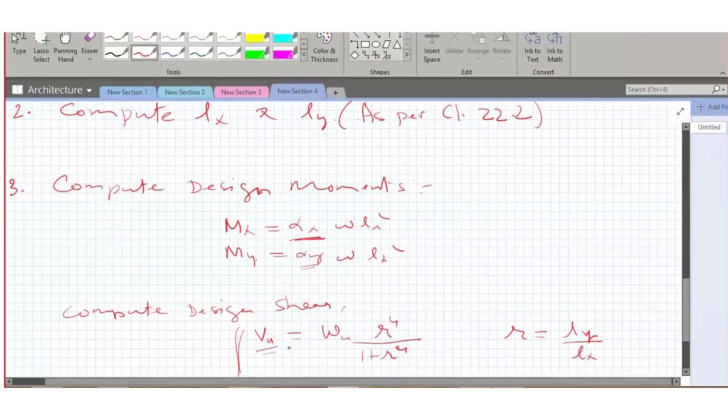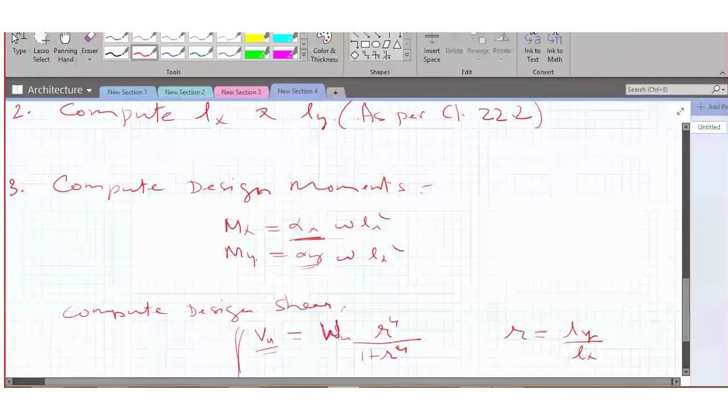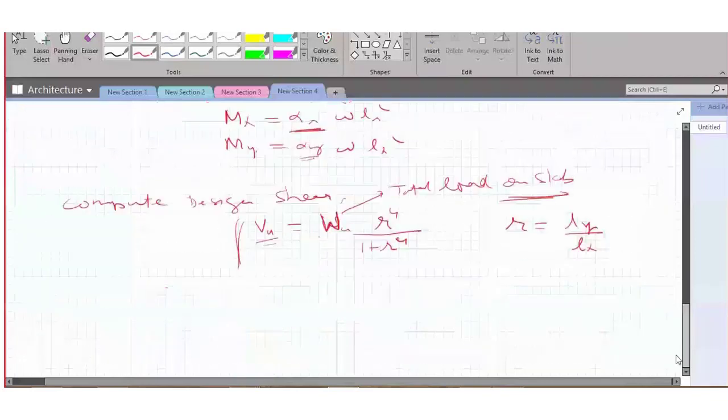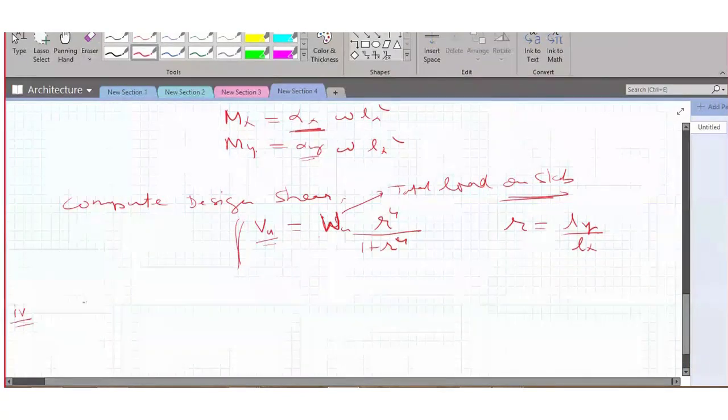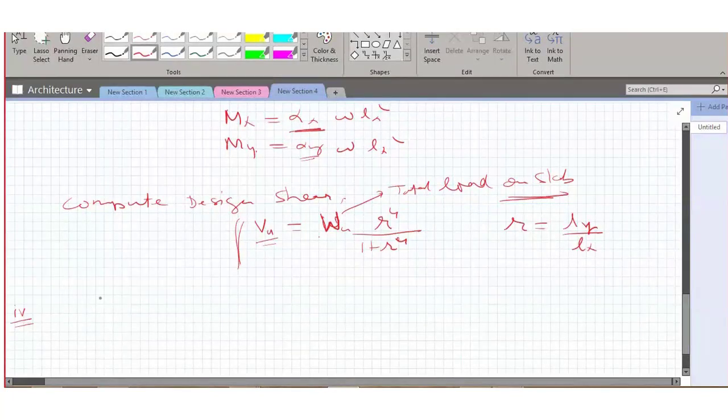I have written the capital Wu, it is not small w. Wu is the total load on the slab. After this step, the next step is calculating the reinforcement in both directions. Based on the moment you have computed, you compute the reinforcement.